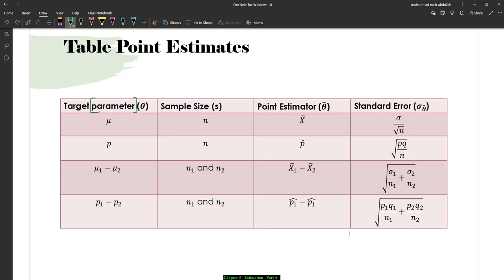So let's say the target parameter is mu, and you have a sample size of n, then the point estimator should be x bar. This is a sample estimator, right? And the standard error should be sigma over square root of n, and the rest are the list of point estimators for proportion, for single mean and two means, right?